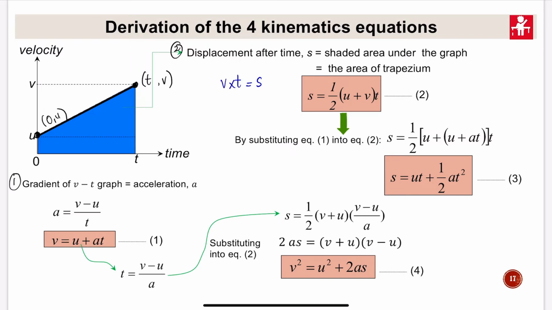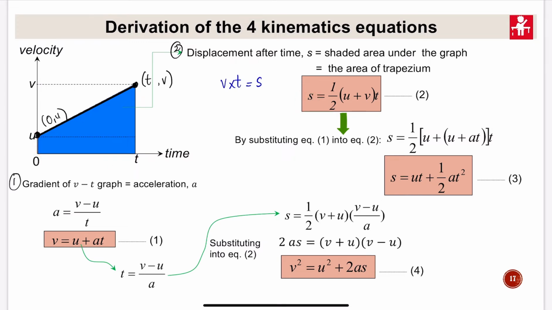So displacement equals the area under the graph, and here is the area under the graph. It is in the shape of a trapezium. So to get the area under the graph, which is the displacement, adalah from the trapezium shape.